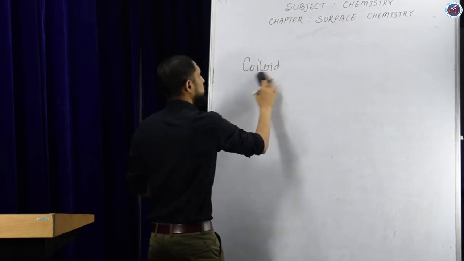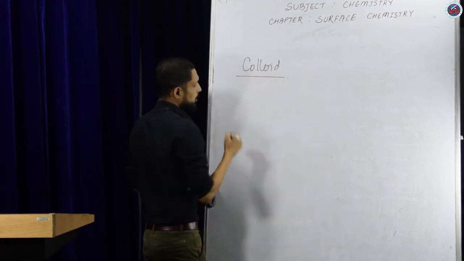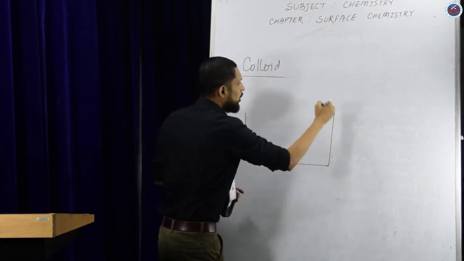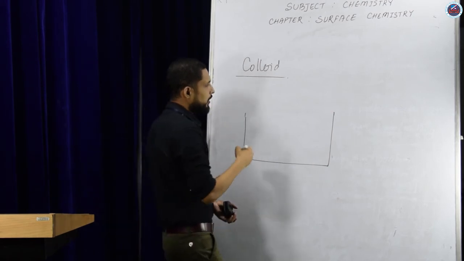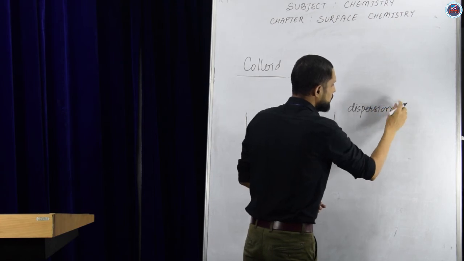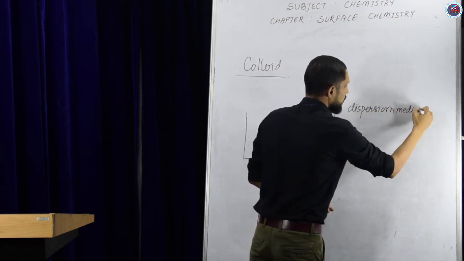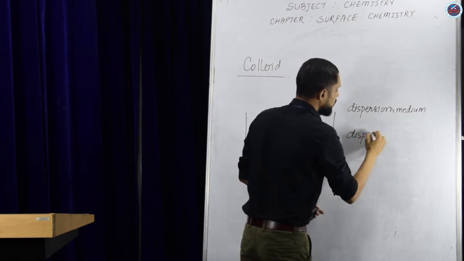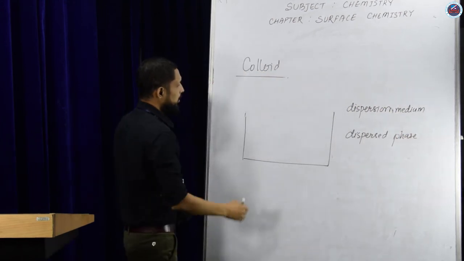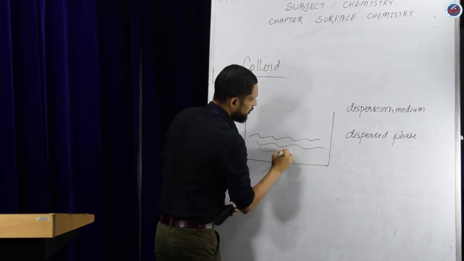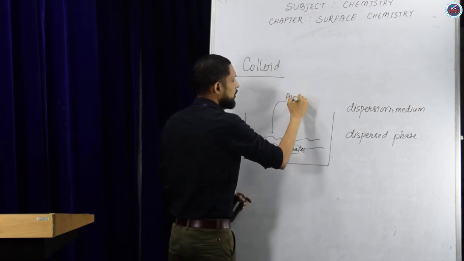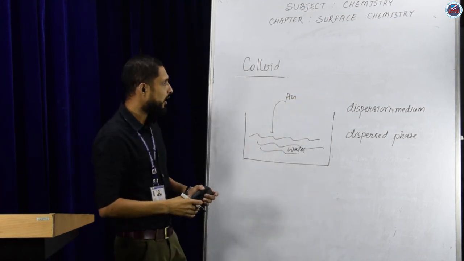So we'll study colloid in detail. Colloid has got two components. The components are known as dispersion medium and dispersed phase. Say you take water, and to this water you add gold particle in the colloidal size.